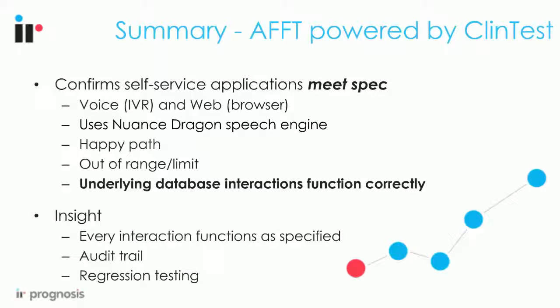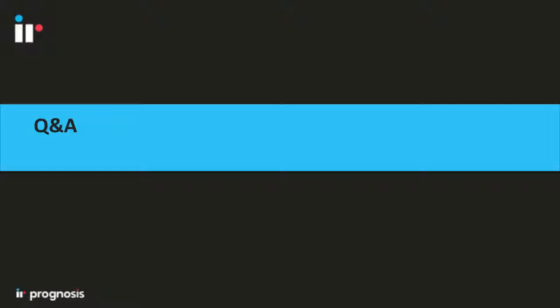It's really a great way to put your IVR application into production with confidence, whether it's the initial release or regressions on an ongoing basis. So we encourage you to think about what this brings to your world and how it might make your world more pleasant to work in.